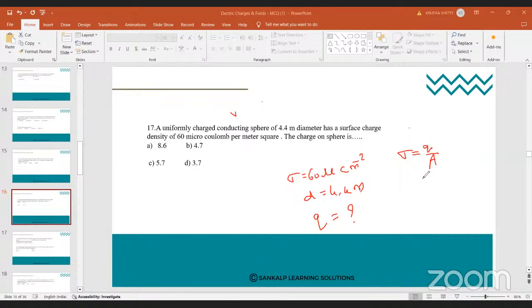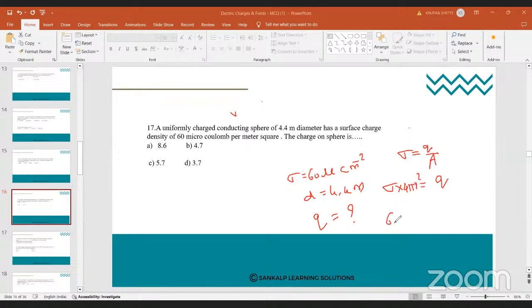What is the area of the sphere? Can anyone tell me? 4 pi r square. Yes, very good. So 4 pi r square is the area. You can substitute it. Radius is not given, but diameter is there, so take radius as half of the diameter. We require charge, therefore it is sigma into A. A value is 4 pi r square.